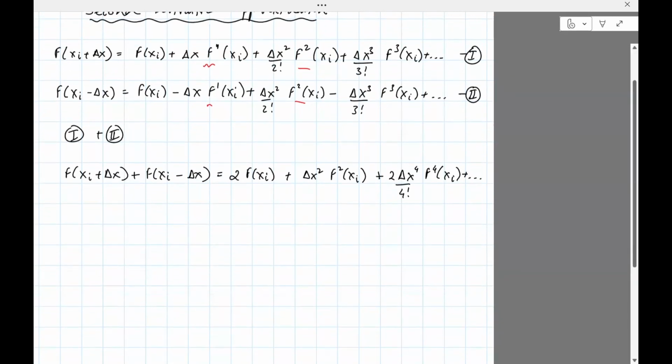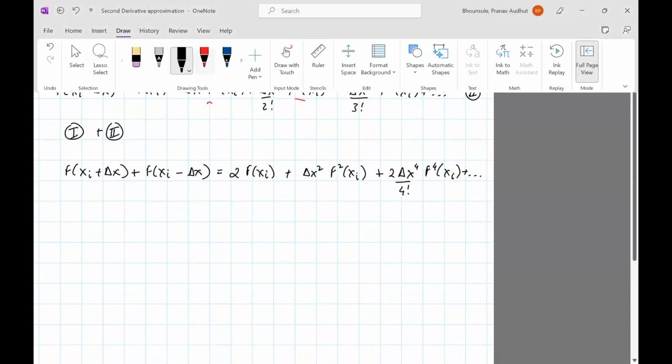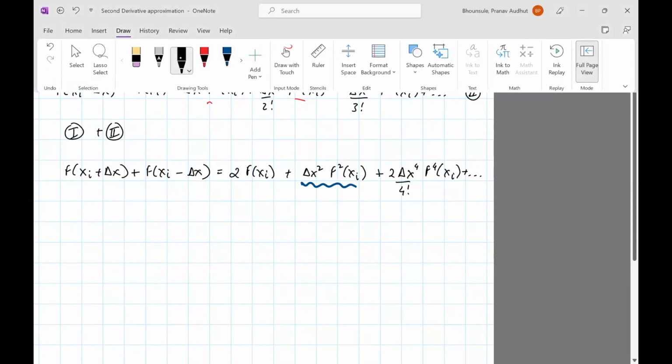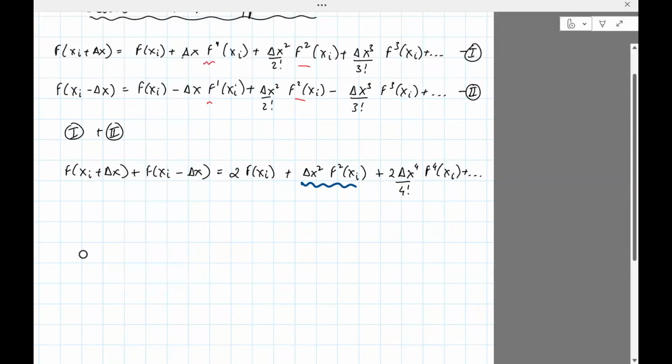Now I'm going to move things around and write a formula for f2 xi, and I'm also going to divide by delta x squared, so I'm only left with f2 xi, which is the one highlighted there.